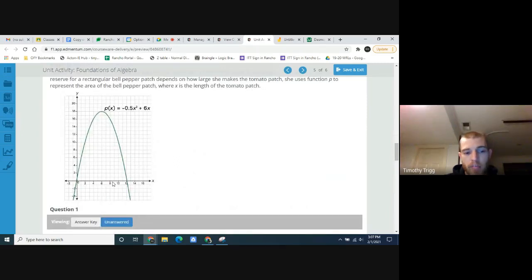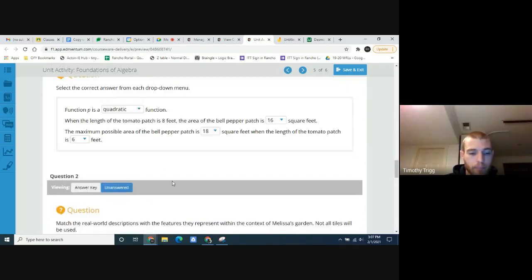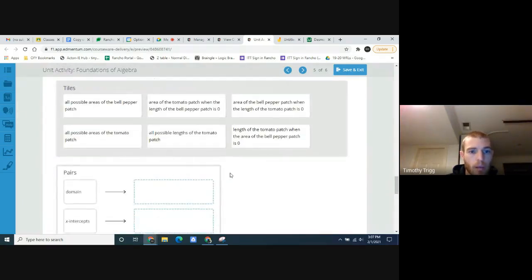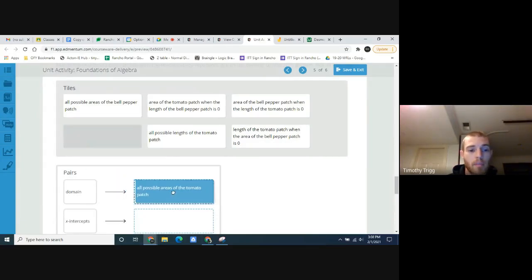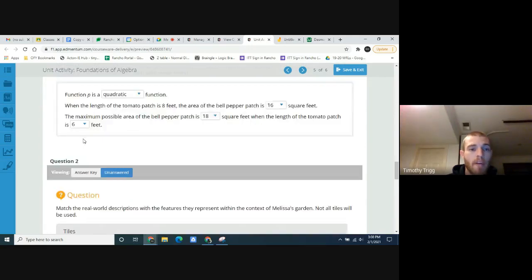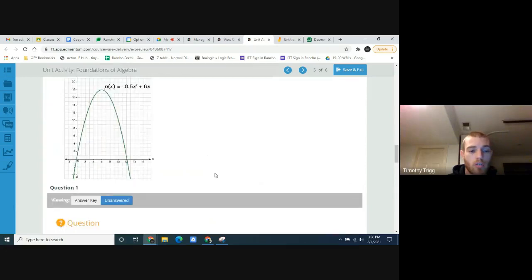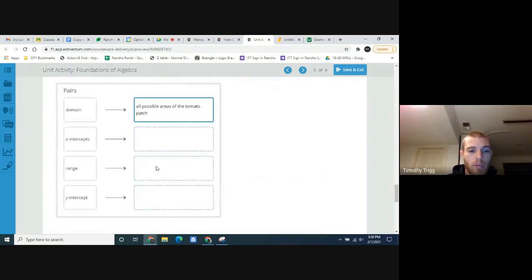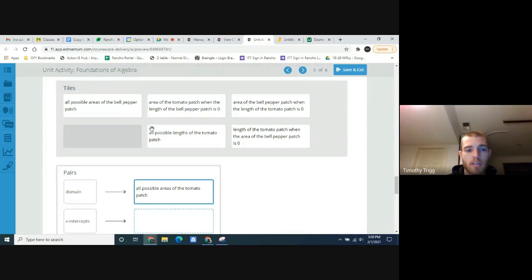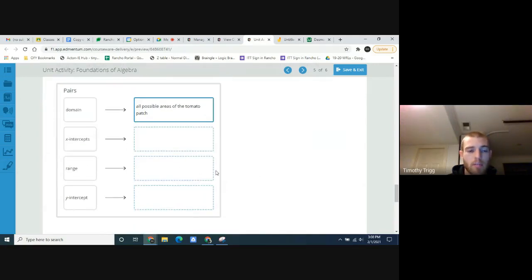The domain are the x values, so those will be all possible areas of the tomato patch. The y values is known as the range. What does the range represent? Which of these makes the most sense for what the range represents?